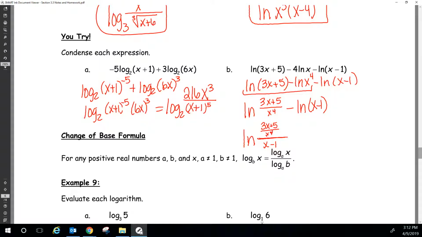All right, and then that means I've got the natural log of 3x plus 5 over x to the 4th times, because we're dividing by this guy here, we're going to multiply it by the reciprocal of this guy, which is 1 over x minus 1. There we go. And so that's the natural log of 3x plus 5 over x to the 4th times x minus 1.